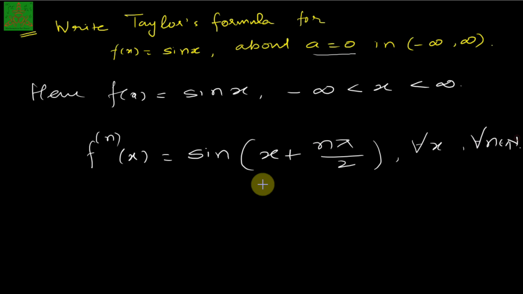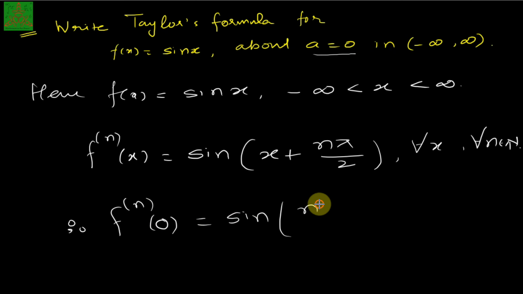Therefore, the nth derivative of f at 0, that means substituting x equal to 0, gives sine n pi by 2. This value is 0 if n is an even number. If it is odd, then it alternates between plus and minus sign.